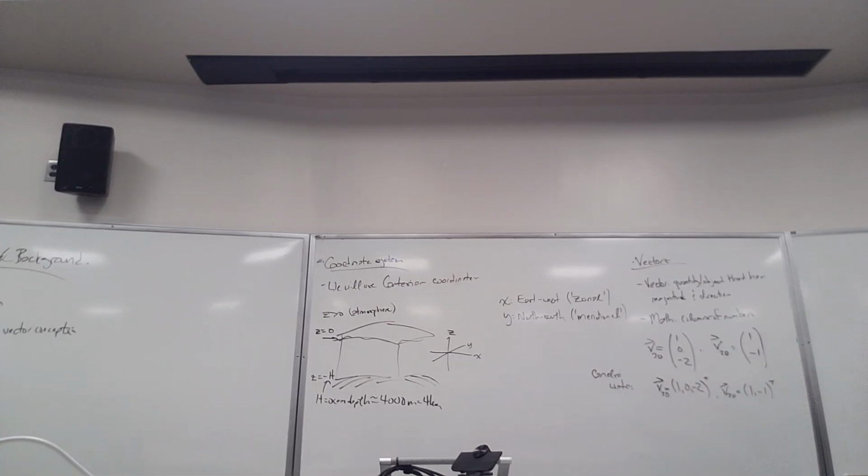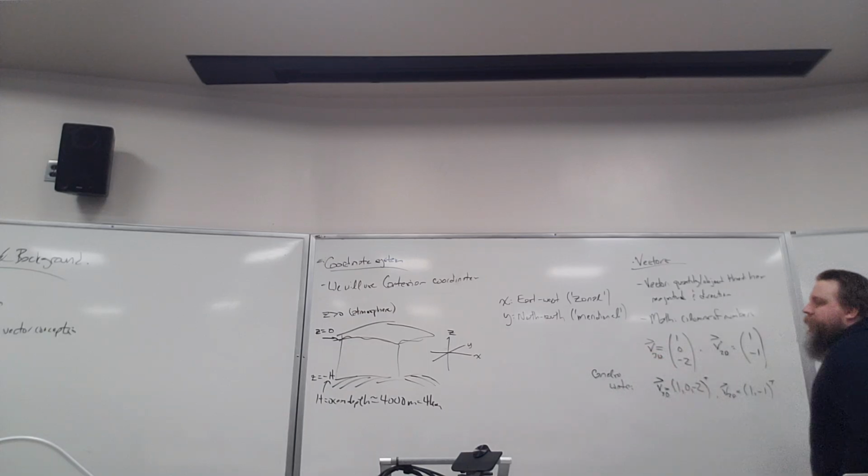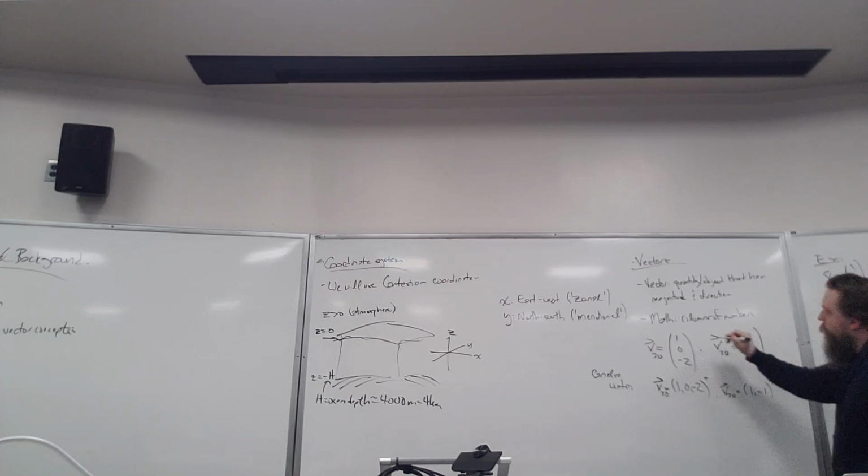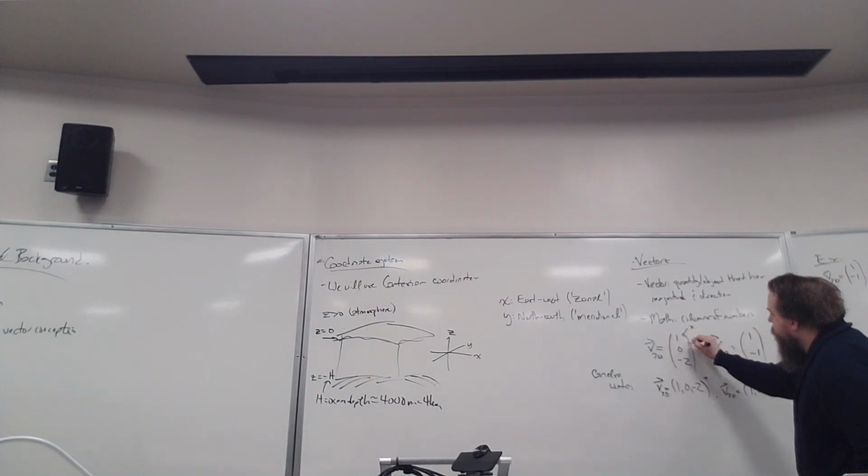So these 3 numbers, or these 2 numbers, how does that correspond to magnitude and direction? Well, these vectors exist in the 3D Cartesian coordinate system that we're using. So if we have an example, say our vector v2d is 1, minus 1, then in our Cartesian coordinate system we have x and y. Our x component is the first element, that's our y component, and that's our z component.